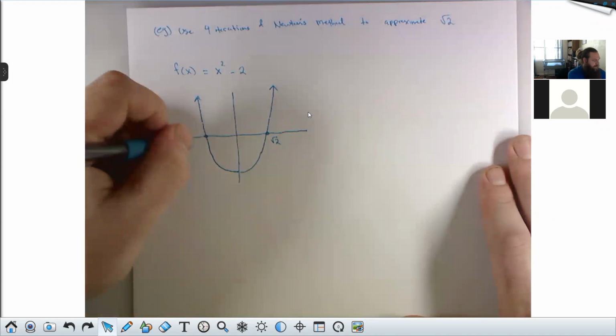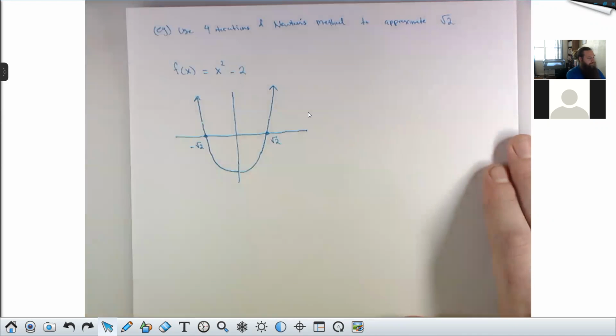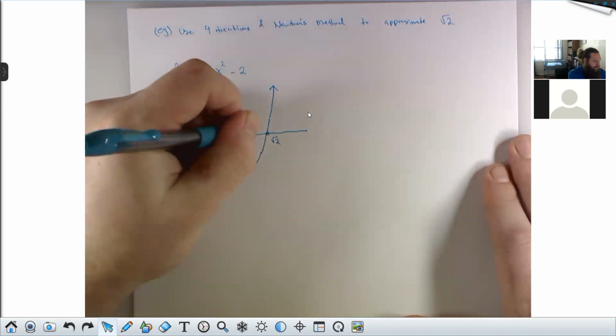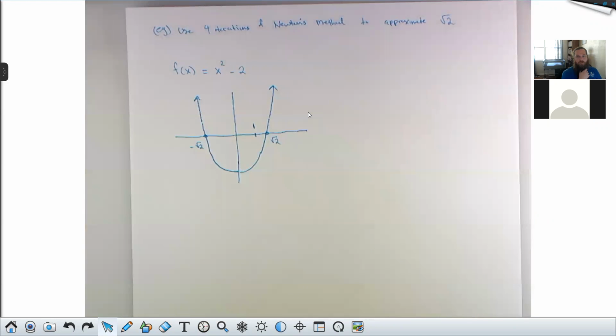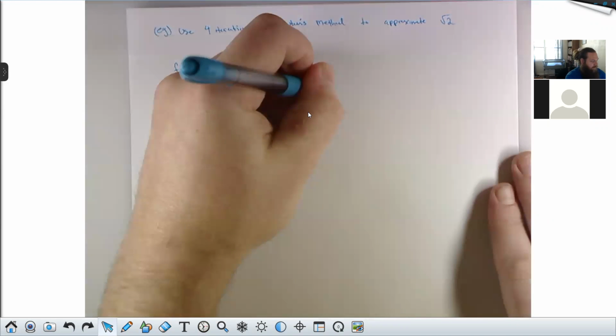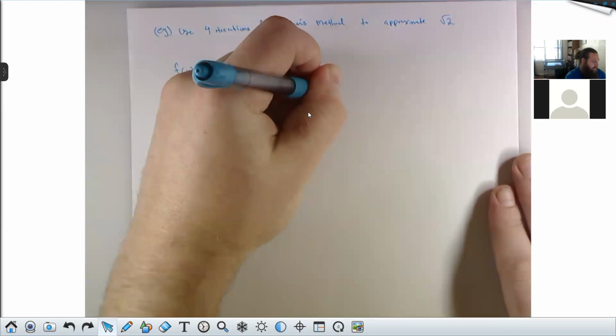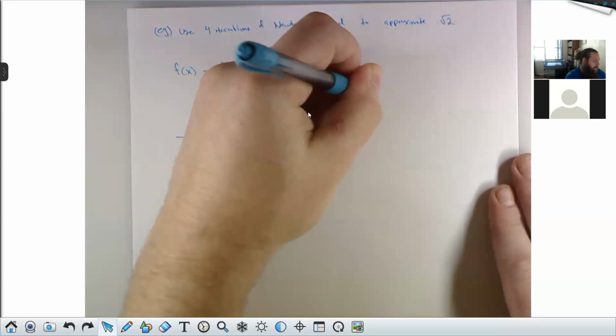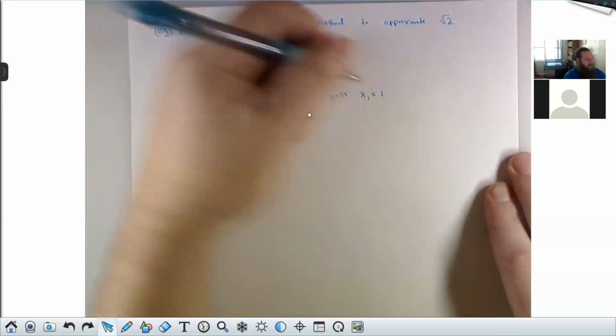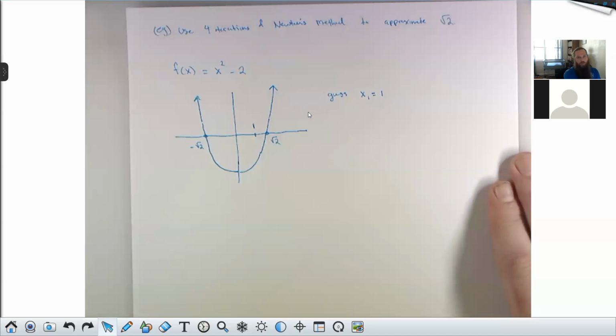The other one is the negative square root of 2 over here. I know that the square root of 2 is a little bit bigger than 1. And I'm going to use that as my first guess. So I start with a guess. That's a reasonably close guess. That's x1. And I'm going to here use 1.